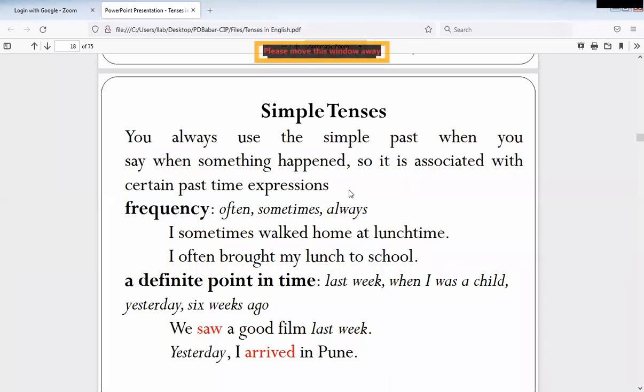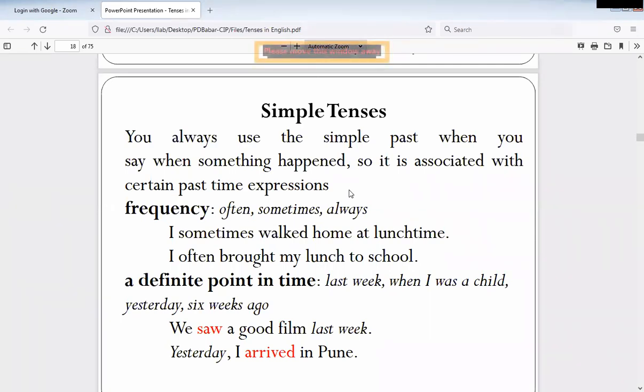Okay, so an example is, I sometimes walked home at lunchtime. So the person wants to tell you that he sometimes walked home at lunchtime.